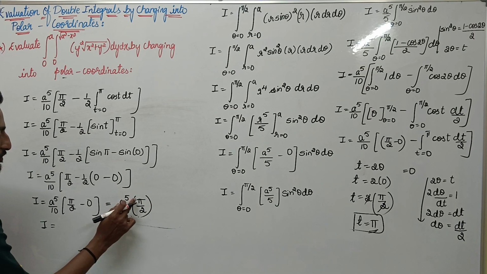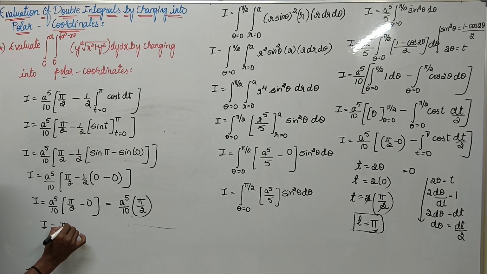That is a power of 5 into pi by 20, since 2 into 10 is 20.